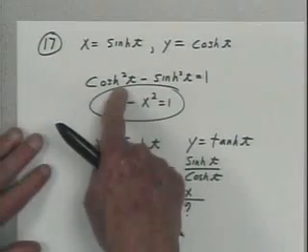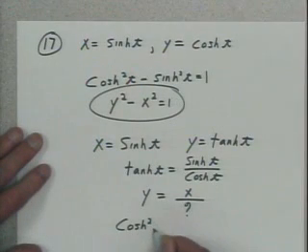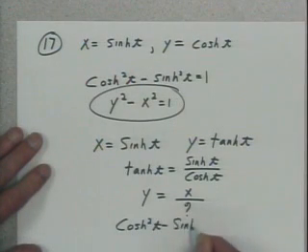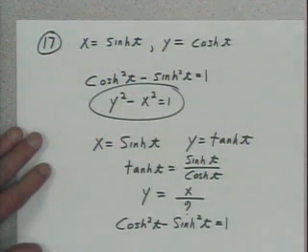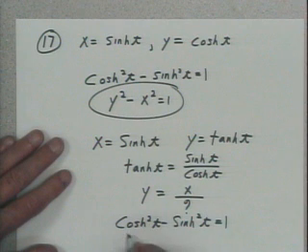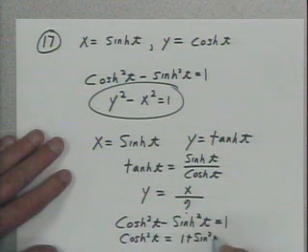Well, you go back to here. See, cosh squared minus sinh squared. Hope I didn't open a can of worms here. Equals 1. So cosh squared equals 1 plus sinh squared, right? But what's sinh squared?